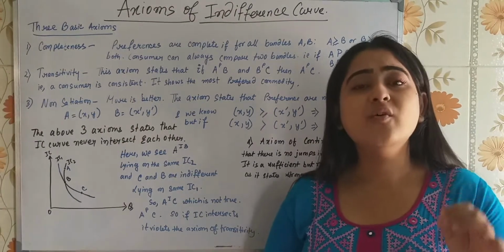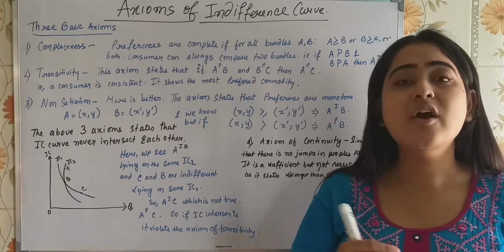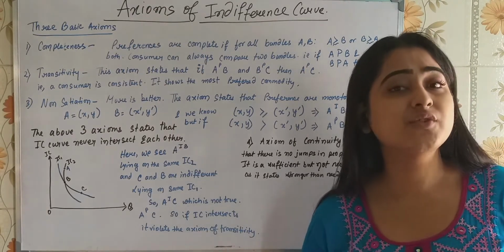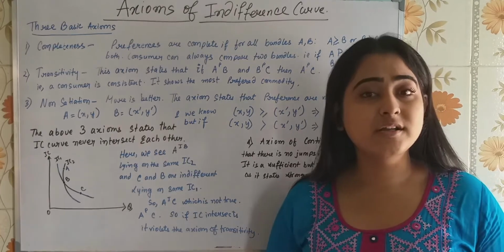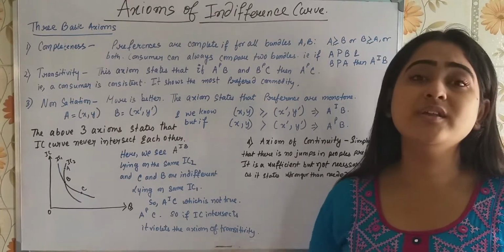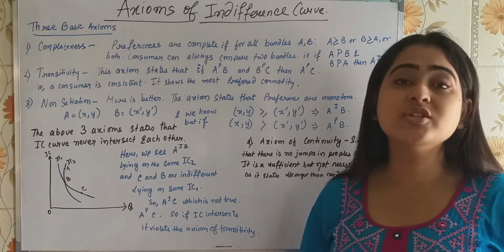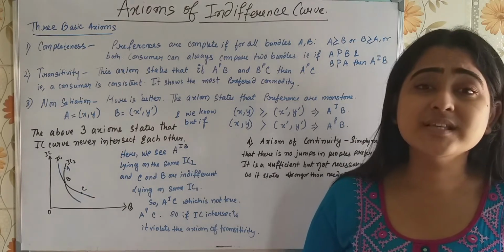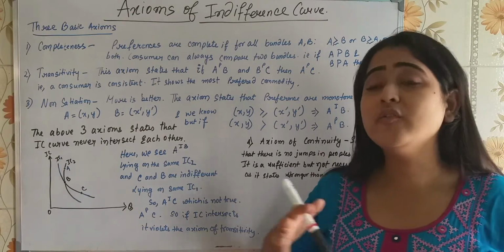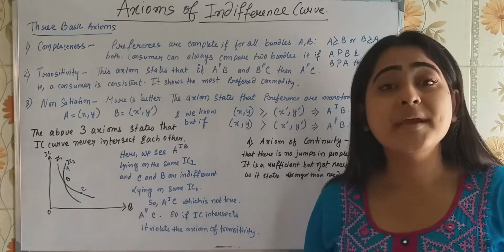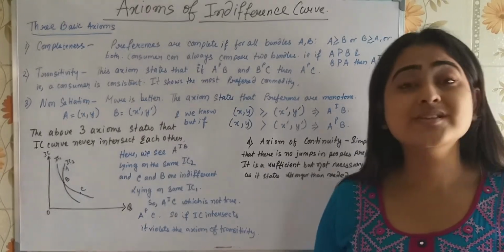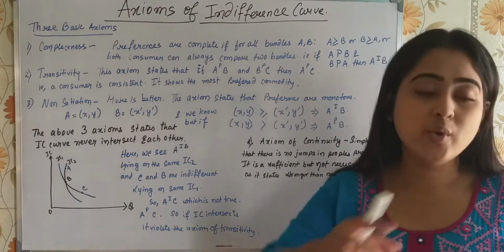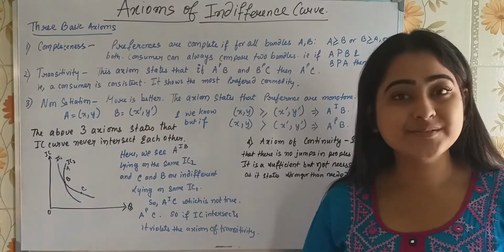You see, we have already discussed that utility from any commodity can be measured either in terms of utils, which is the cardinal approach, or you can use the ordinal approach, which is in terms of preferences. What is preference? If you have a lot of bundles of commodities, based on your preference, which commodity you like more, you are going to rank them, isn't it?